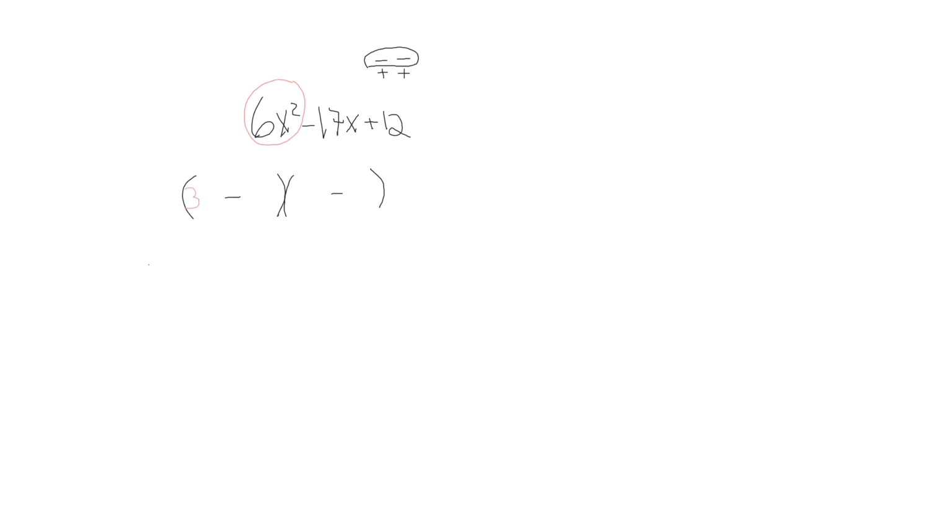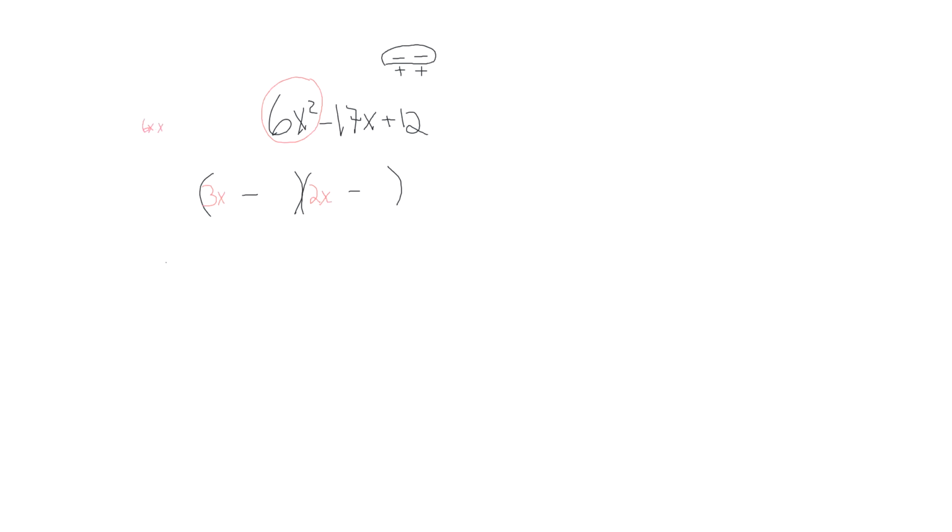So 3x times 2x. I'm also going to write here 6x times x, just in case these don't work, I want to be ready to go with my sub. See if I can substitute in and keep it moving.